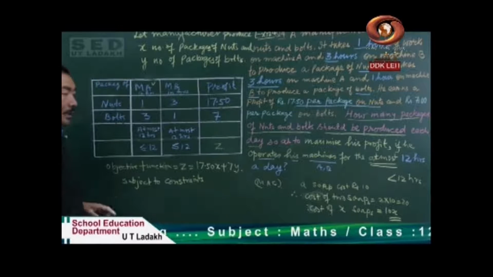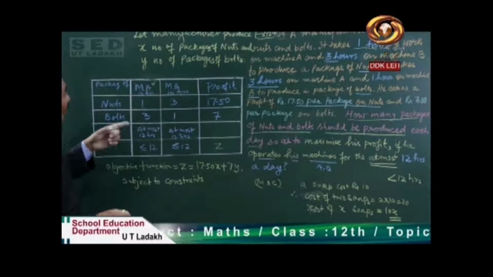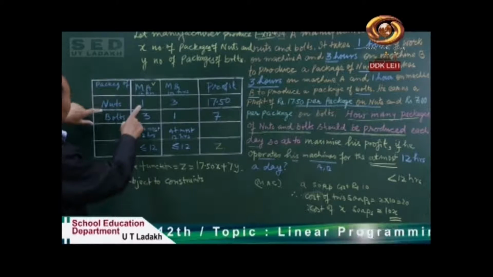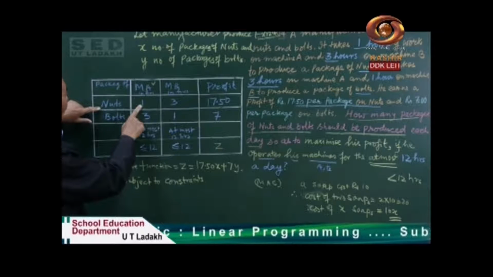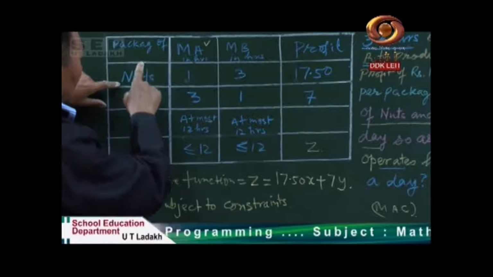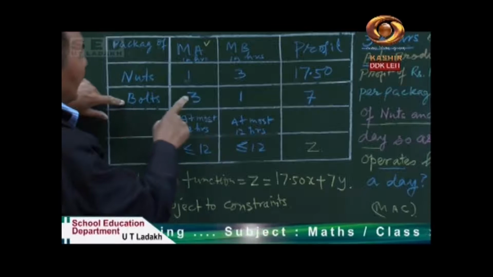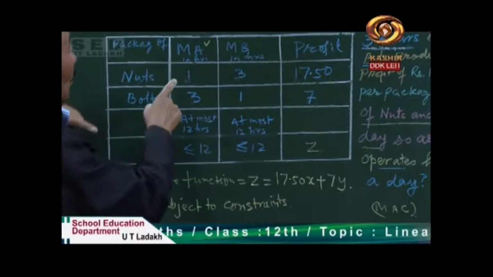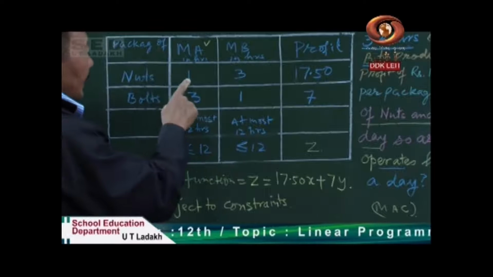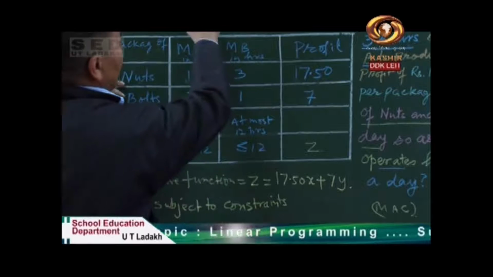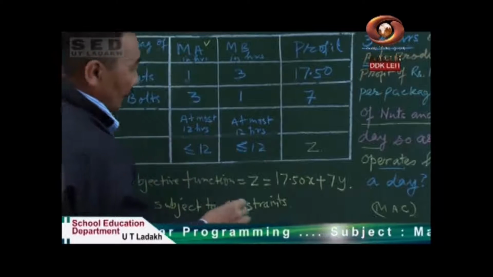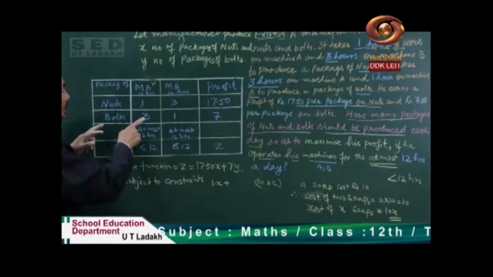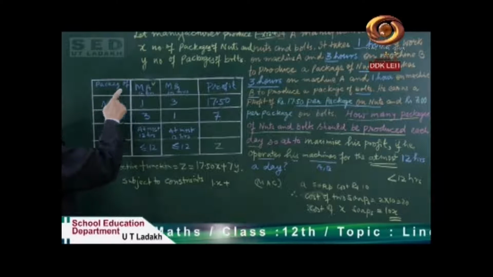What will machine A's constraint be? On machine A, one packet of nuts takes 1 hour, and one packet of bolt takes 3 hours. We are using machine A for nuts and bolt. If we produce X packets of nuts, it will take 1 into X, plus 3 hours on a package of bolt.